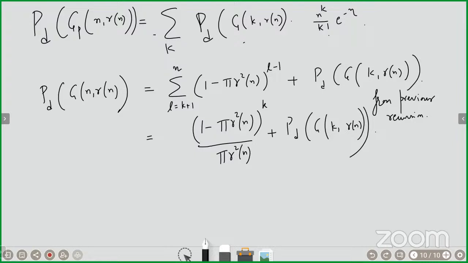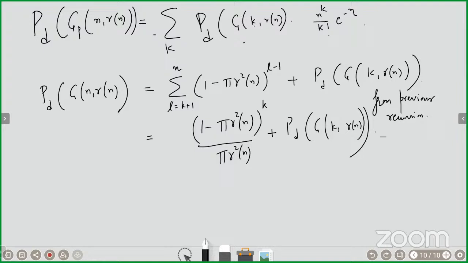So if I do that, what will I get? I'll get this minus this. Right? Because G of K from Rn is what I want to replace. But this will be exactly n, always n. So the summation will be kind of independent of the index. So that will just simply come out.